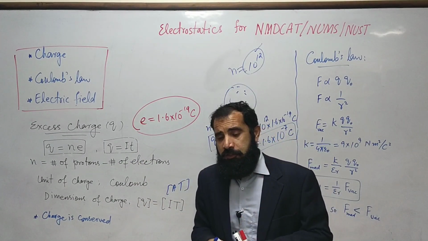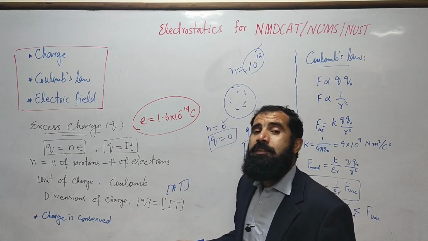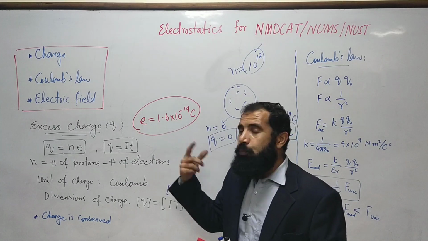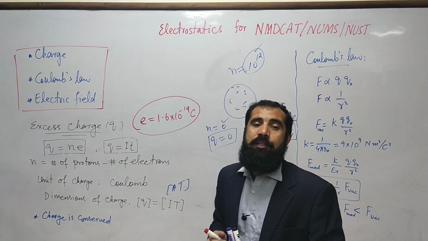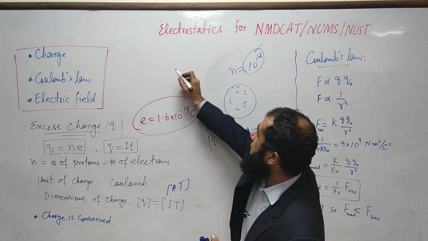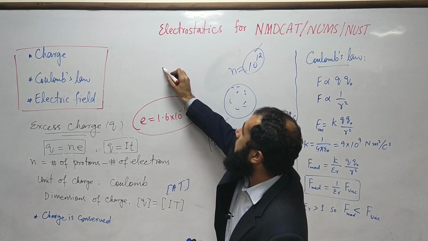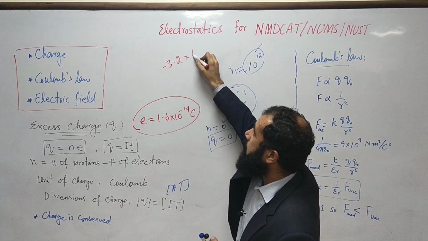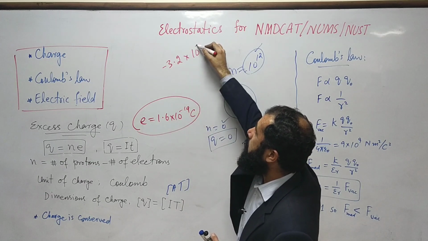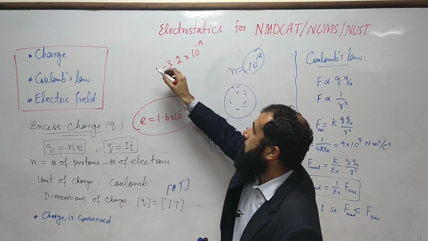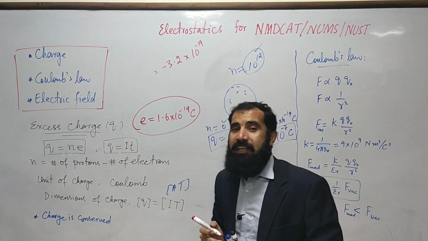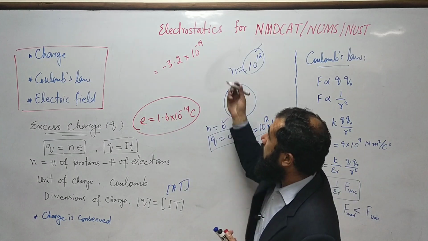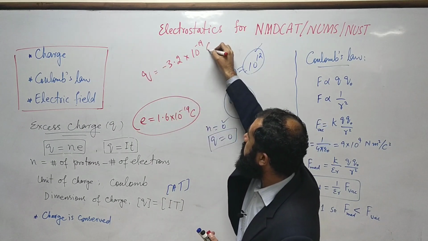If you are asked what is the number of electrons given to a material if it gets charged by an amount of minus 3.2 into 10 raised to the power minus 19, how many electrons did you give to that material to charge it this much?